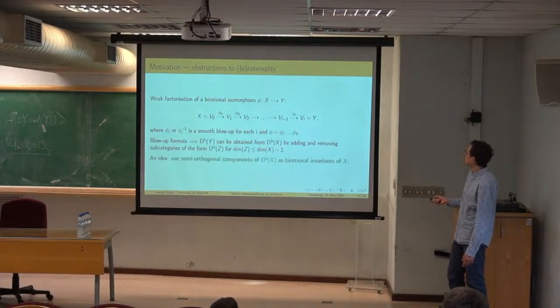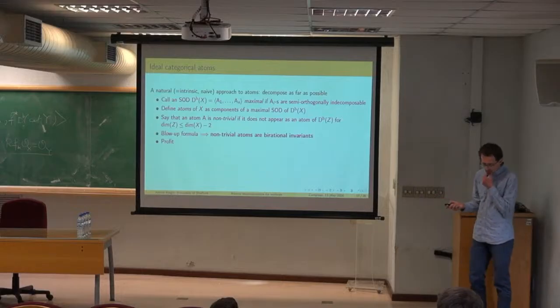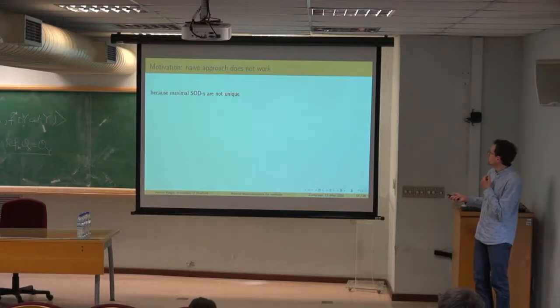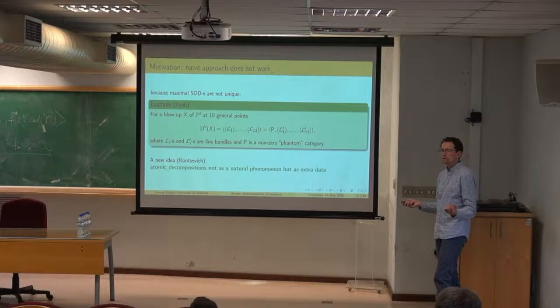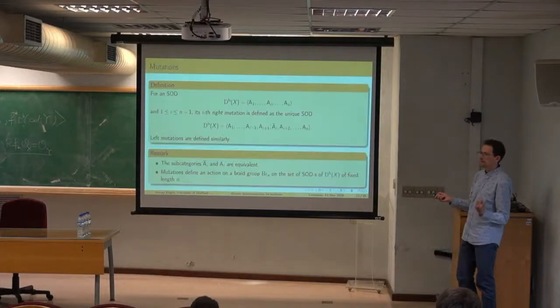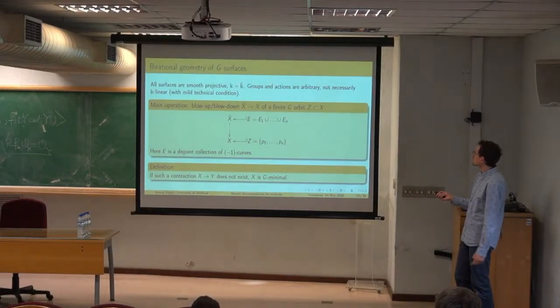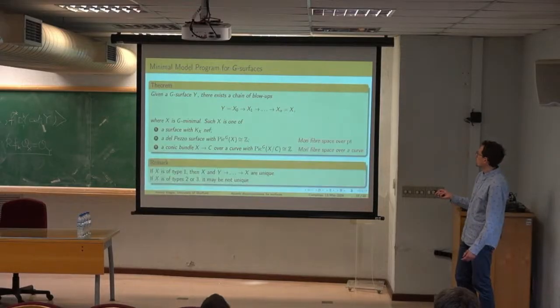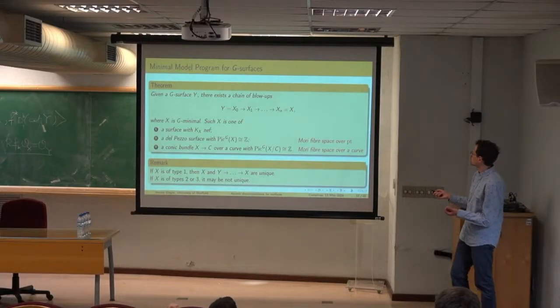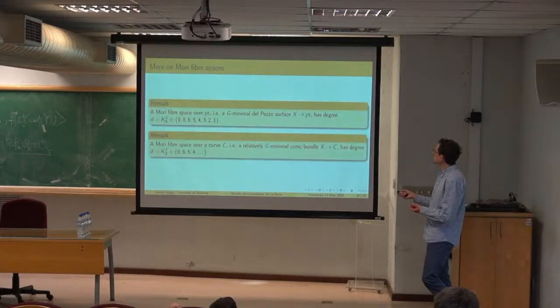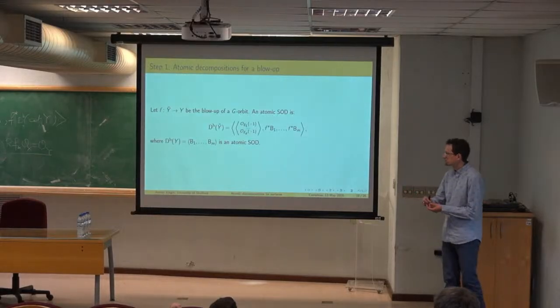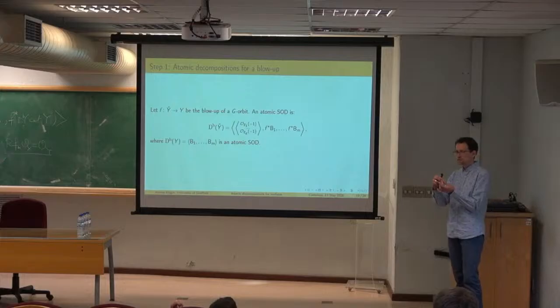So, for a blow-up of a surface, by Orlov's formula we add the derived category of the blow-up center, which is a finite collection of points. So to any such point we add one exceptional object, because the structure sheaf of a point is exceptional.